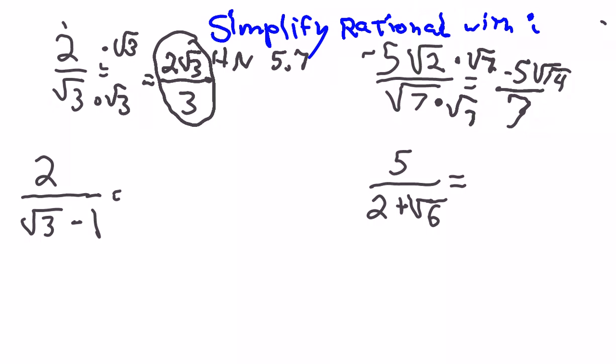So you have negative 5 square root of 14 over 7. You can't cancel the 7 with the square root of 14. You can't factor the square root of 14, nothing comes out. And you can't simplify the negative 5 with the 7. We're done.